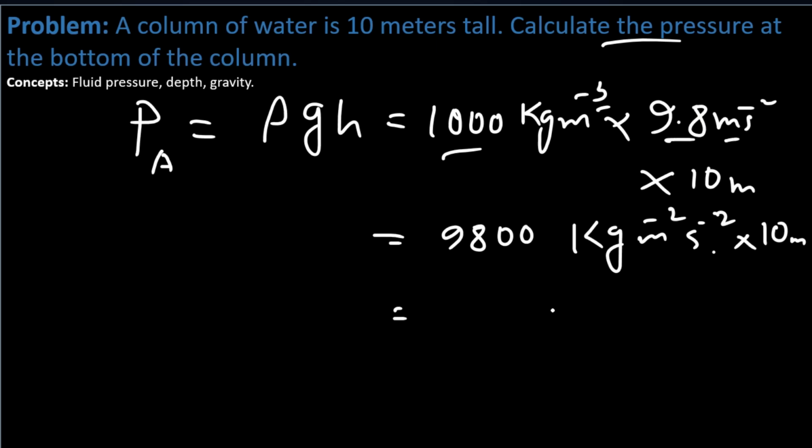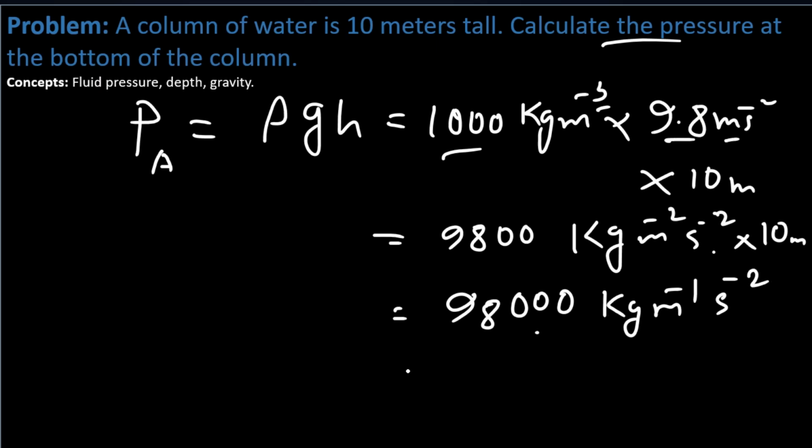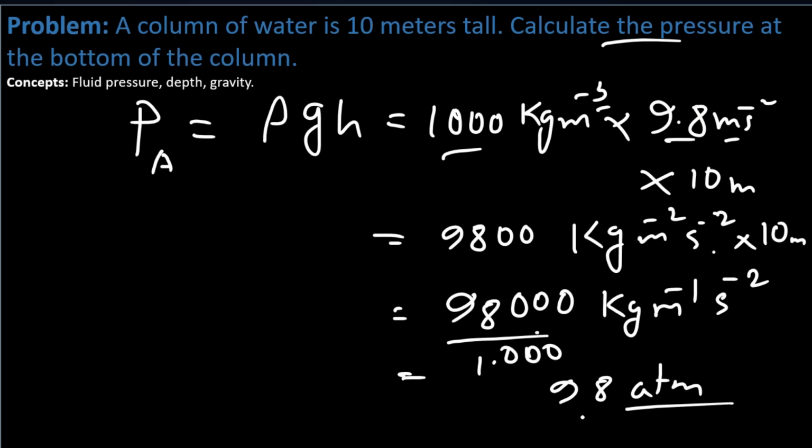So we need to multiply with 10, which equals 98,000 kilogram per meter per second square. So if we divide by 1000, it will be 98 kilopascal. Atmosphere will be the unit for pressure. So this will be the answer finally.